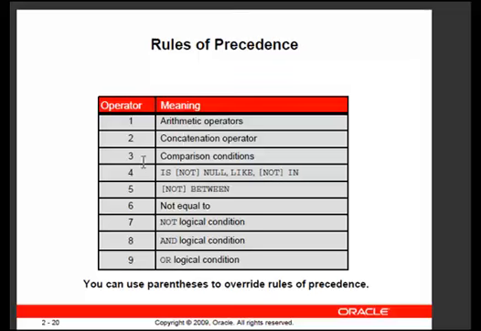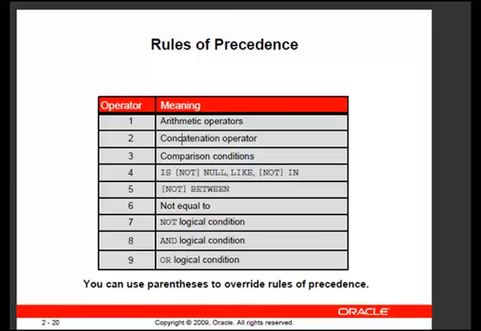What is the rule for that? The precedence rule is as follows: arithmetic operator number 1, number 2 concatenation operator, number 3 comparison, 4, 5, 6, as you can see right here.